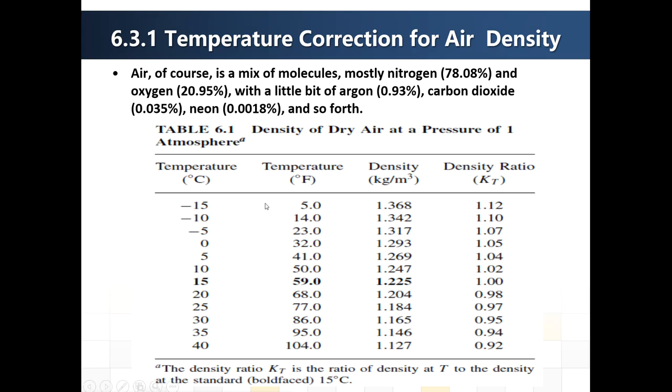As we can see, as the temperature increases, the air density decreases. The density ratio Kt also decreases. The density ratio Kt is the ratio of density at temperature T to the density at the standard 15 degrees.